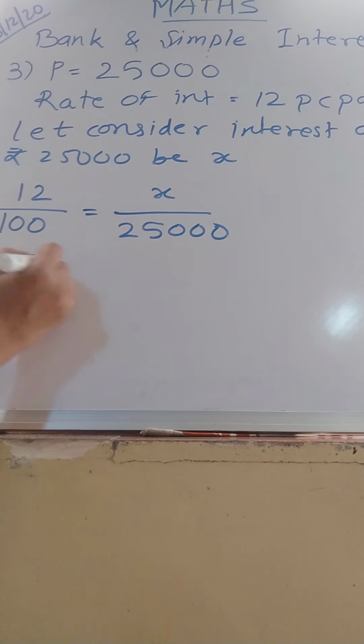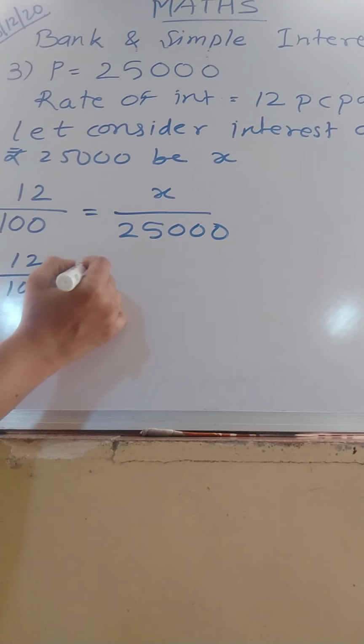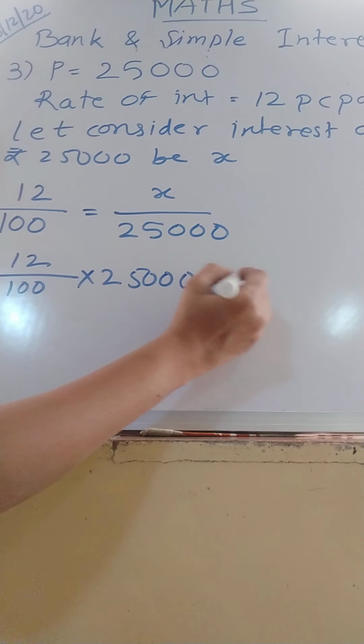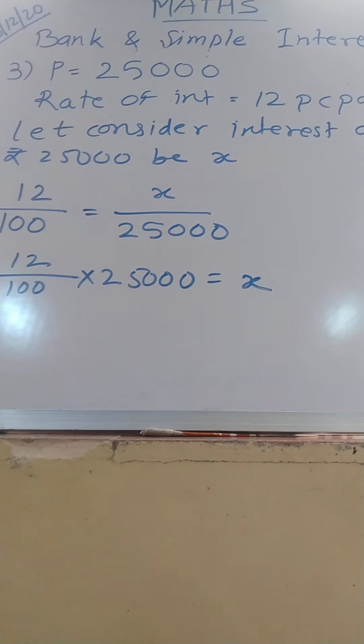So 12 upon 100 multiplied by 25,000. Here also we are multiplying, so only X will remain. This 0 will go. This 0 will go. Now 12 multiplied by 250.